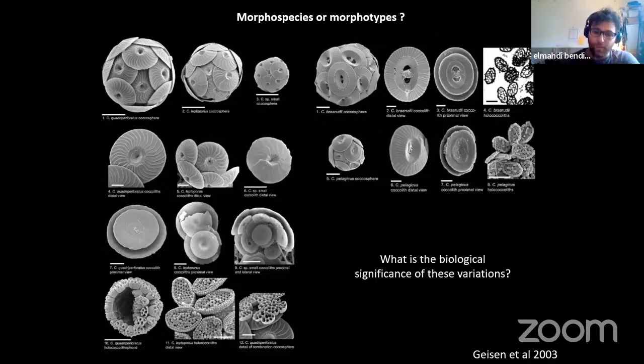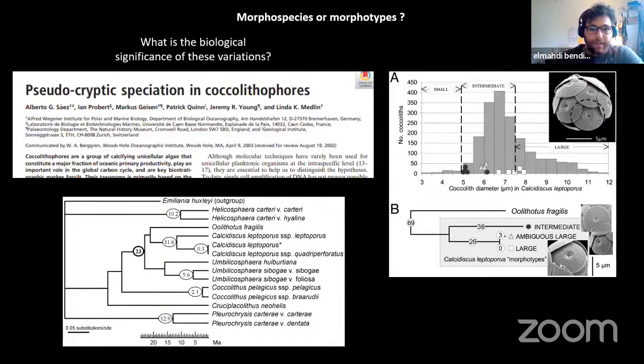So one question that was asked in the past by Marcus Geisen, Jeremy, and Alberto as well, was the question of the biological significance of these variations. They tried to answer the question of those variations with a single gene approach, which was the most advanced method at that time.